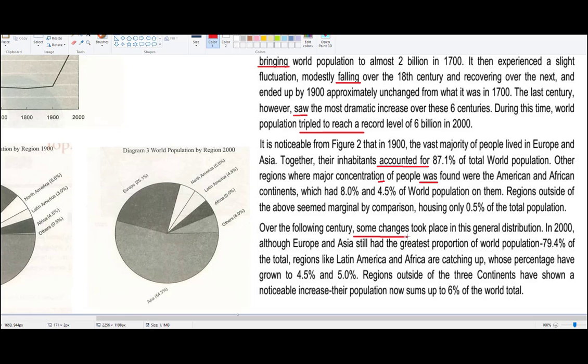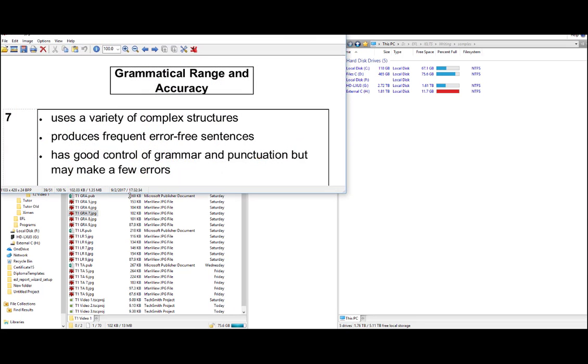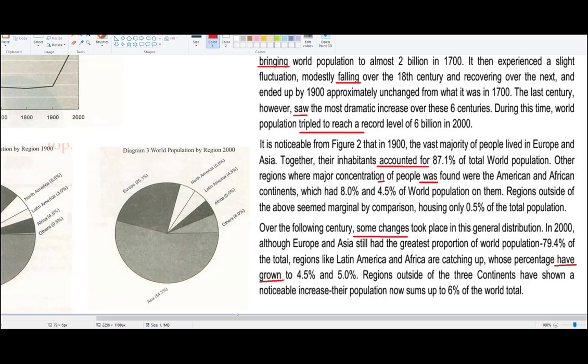Okay, so past tense is used accurately. Here we have the past perfect tense. Could they get a 7? Produces frequent error-free sentences. Well, yeah. Not always, but frequently.